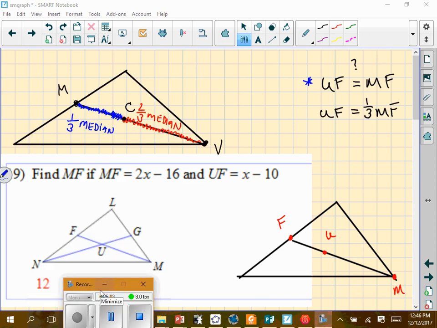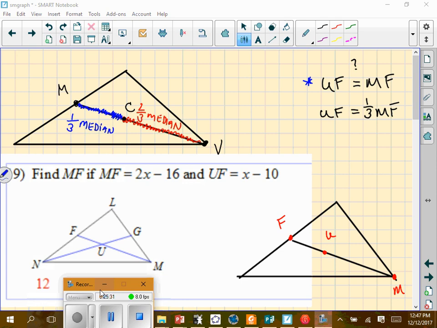As you start writing that kind of generic equation, you know that they provide you with UF and MF, right? Those are the things you have to deal with, okay? We look at those things, and UF is from the centroid to a midpoint. So going back to my template that we have over there, that's the blue distance, which is the 1/3 ratio. So I know I have to use that 1/3 ratio. In the event that the other segment they give me is the median, is MF the entire median?